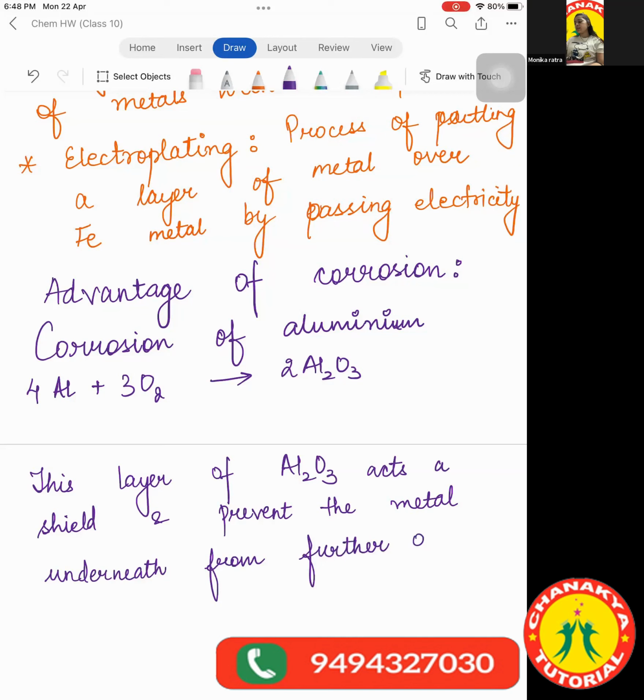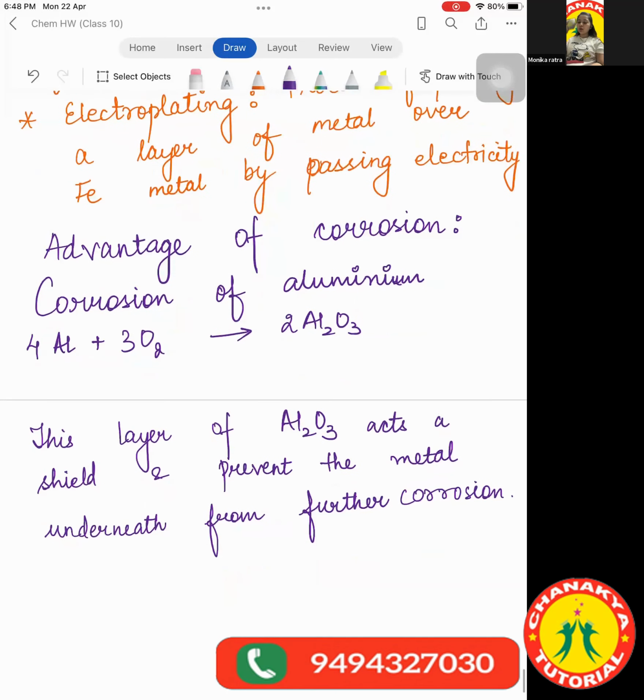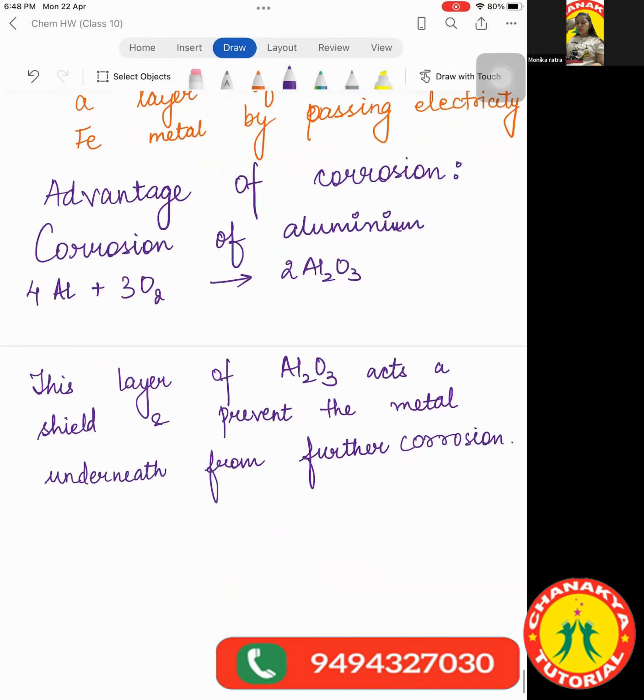Once this layer is developed, then the main metal, that is the aluminium, stays protected under this layer. So this is one of the corrosions which has an advantage. I hope this is clear.